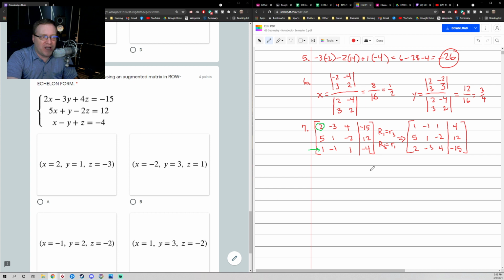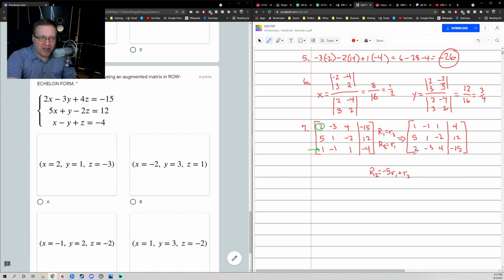So the way we write that is we say our new row 2 is going to equal negative 5 times our row 1, and then we add it to the old row 2. And that's going to give us a 0 here.